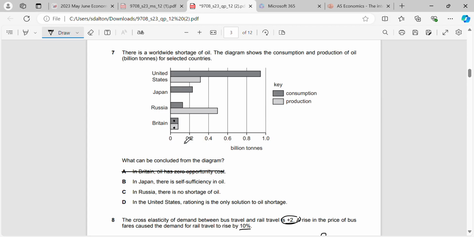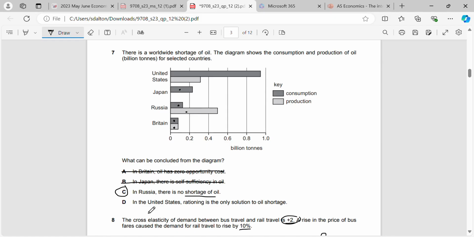In Japan, there's self-sufficiency in oil. We can see that's wrong because Japan is consuming, but they're not making any oil. It's impossible to be self-sufficient if you're not making the product yourself. In Russia, there's no shortage of oil. Okay, we can see that one is actually true, because they are producing a lot more than they are consuming.